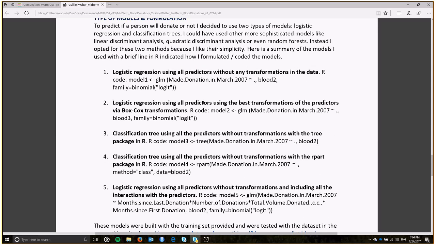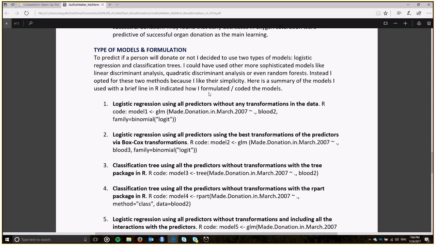In terms of the models, I did build 5 models. I picked simple models. I like logistic regression and I like classification trees. I could have done linear discriminant analysis, quadratic, or even random forest, but I like to keep it simple here. I think the main point is to play with the data, do the EDA and do some good models.